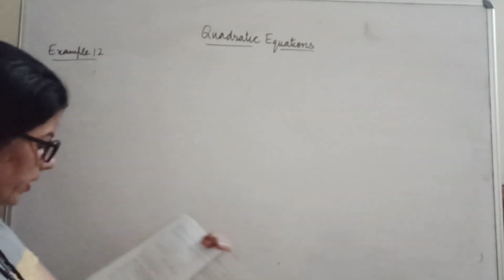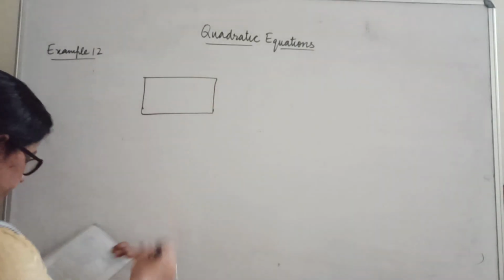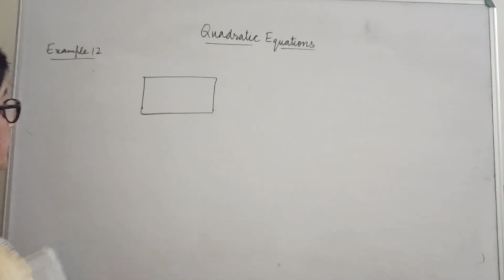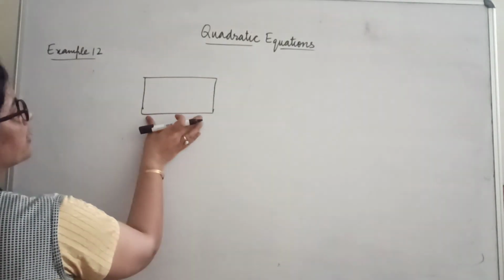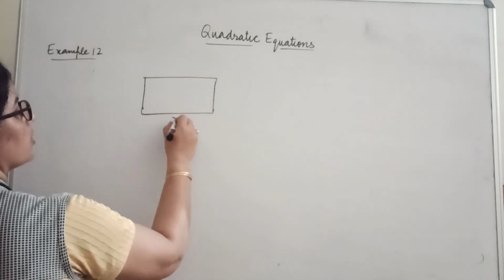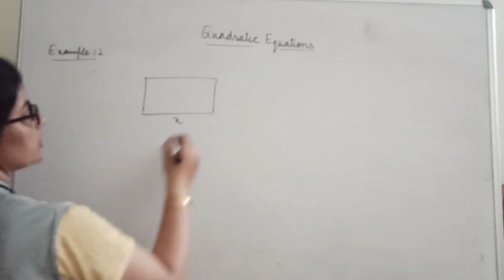In example 12 it says there is a rectangular park, and the breadth is 3 meters less than the length. Let us suppose the length of the rectangle is x.